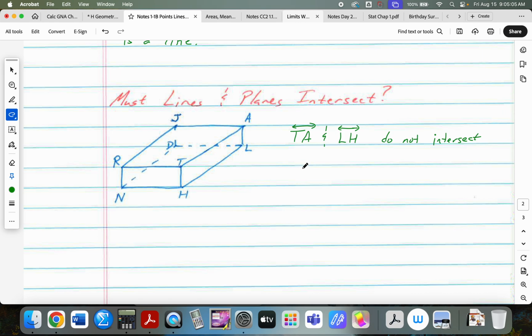Let me give you a different one. How about line JD and line NH? Those do not intersect.